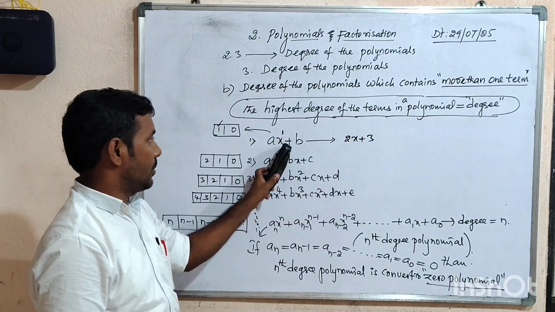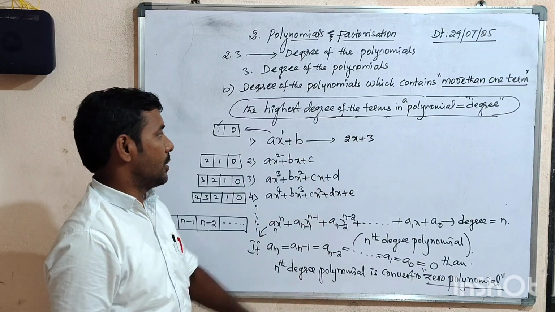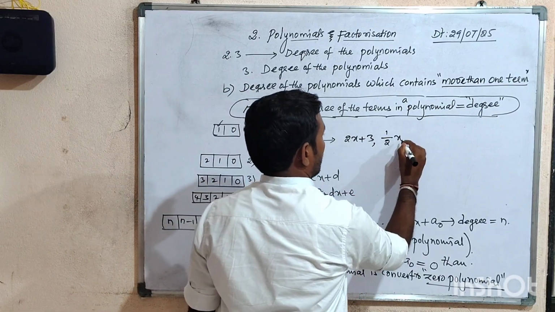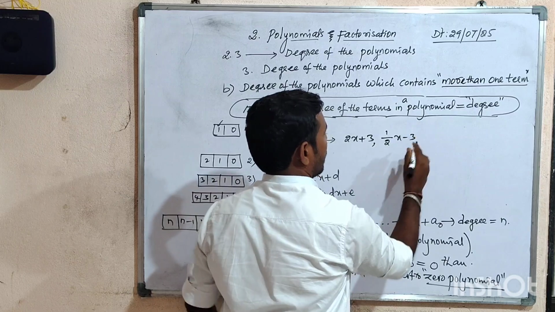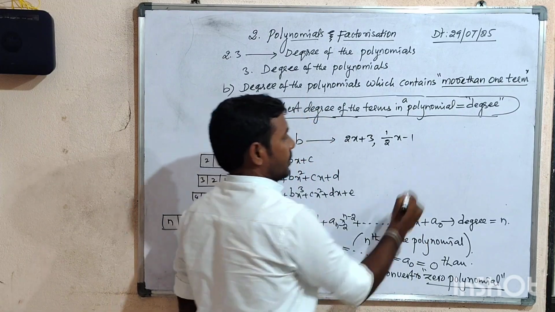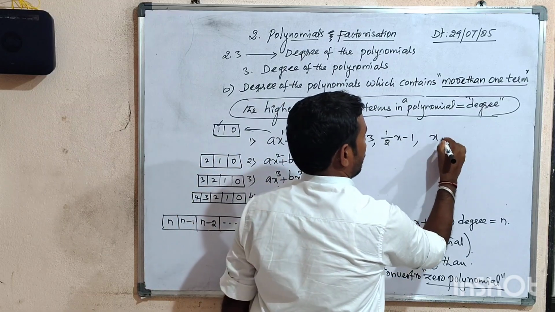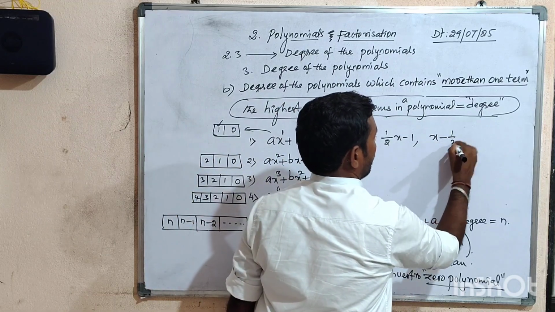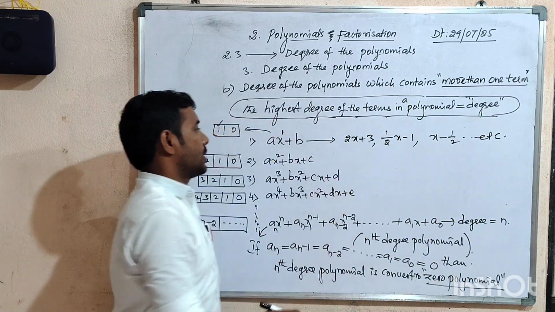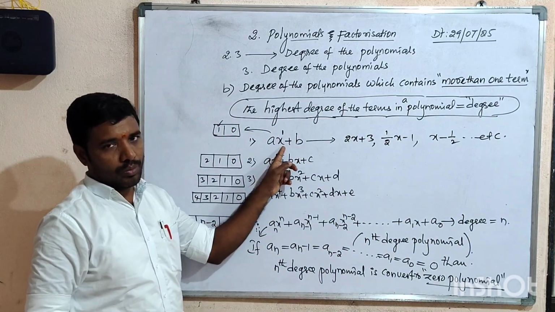It is similar to this one, you know. It is the best example of a linear polynomial. Next, 1 by 2x minus 3, or else 1 by 2x minus 1, and x minus 1 by 2. These are the best examples of linear polynomials.